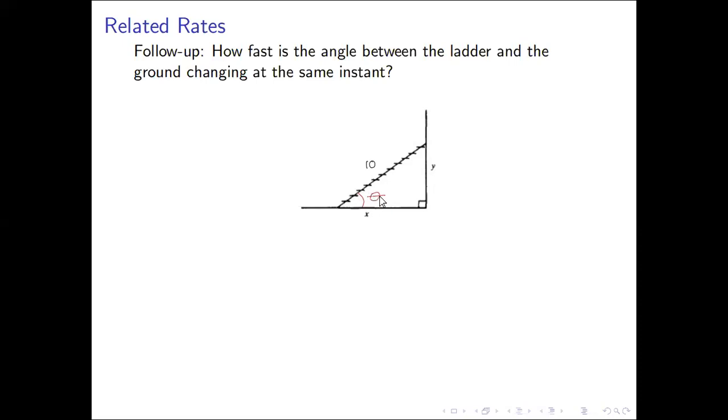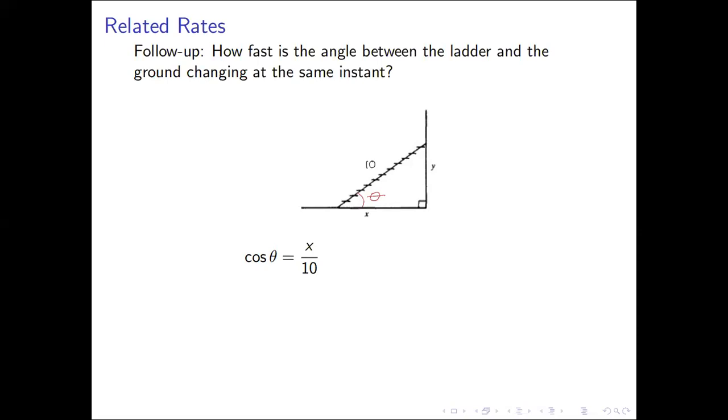So we are looking for d theta/dt, the rate of change of theta with respect to time. To find that, we need a relation again, relating theta with the other variables, maybe all of them or maybe just one.